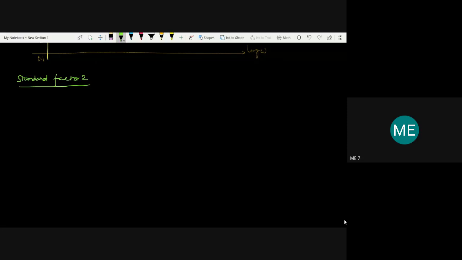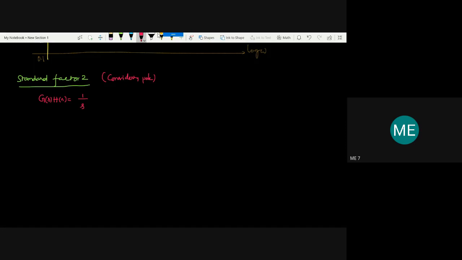That is, a pole or zero at origin. So considering a pole here, g of s into h of s is equal to, say for example, one pole at origin.